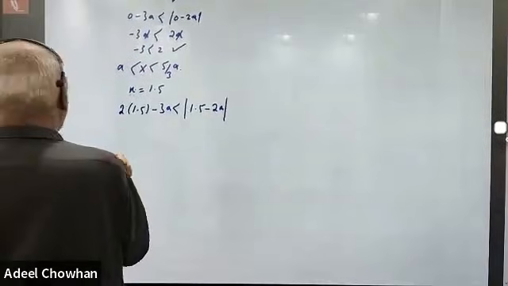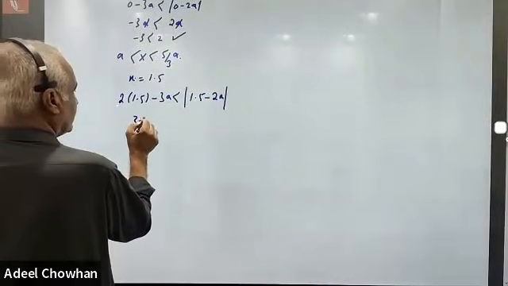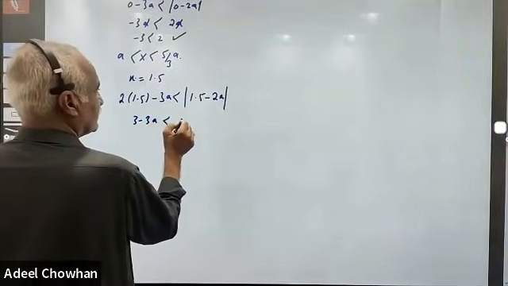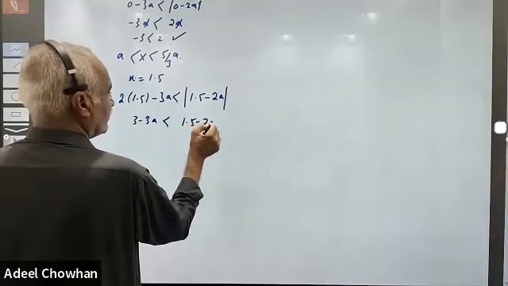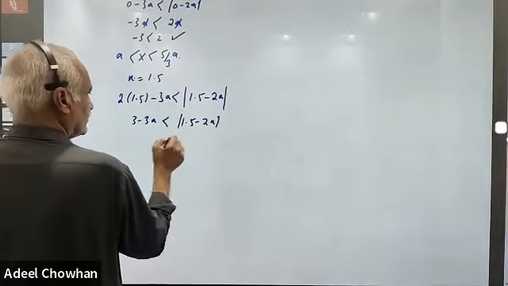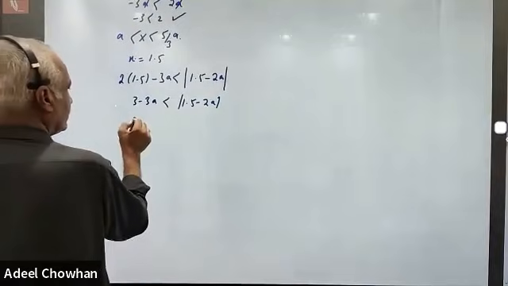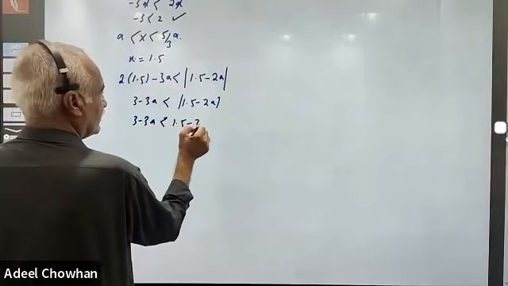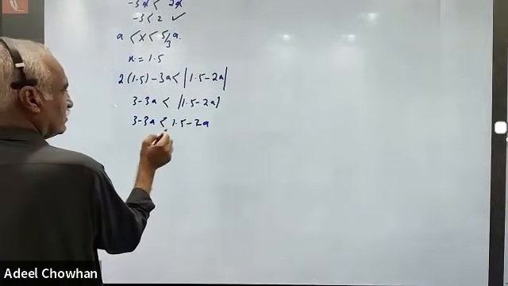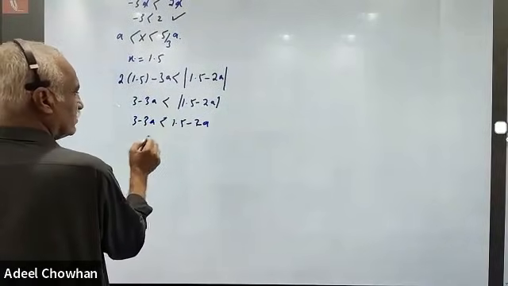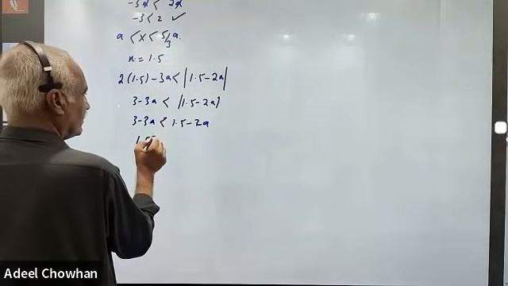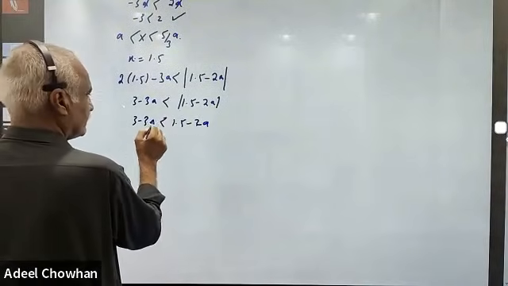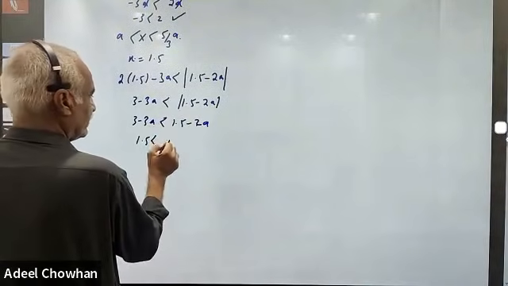So 3 minus 3a is less than modulus of 1.5 minus 2a, because it is positive always. So 3 minus 3a is less than 1.5 minus 2a. So 3 minus 1.5 is less than a.